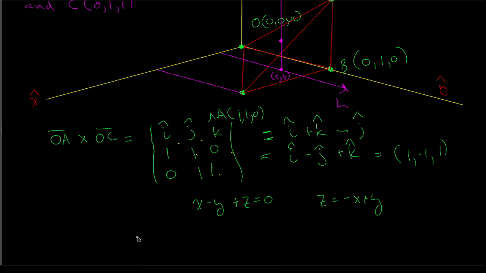So I think that's going to be our first term of integration. z equals 0 when we come into the tetrahedron. Then when we exit the tetrahedron, z is going to equal negative x plus y.